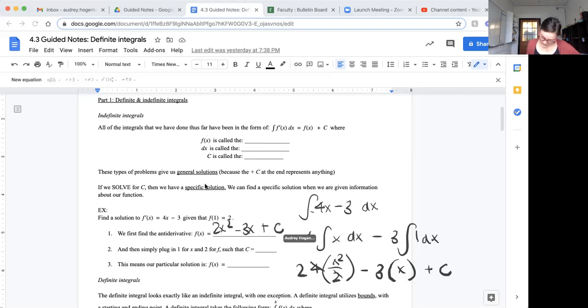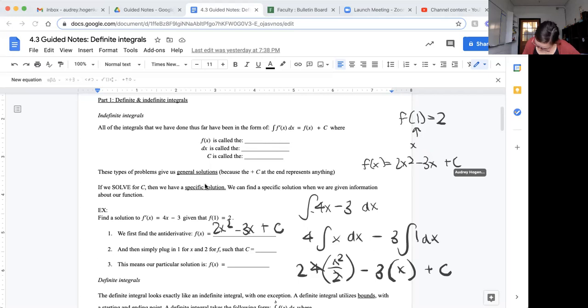Then we know that f of 1 is equal to 2. And so we're going to plug in 1 for x, this is our x value, and 2 for f. So now we know that the antiderivative is f of x equals 2x squared minus 3x plus c.